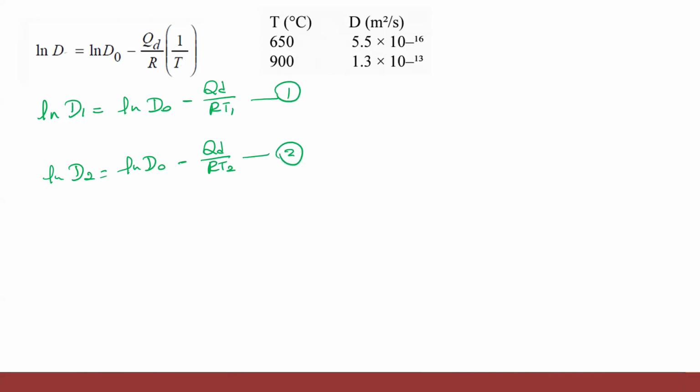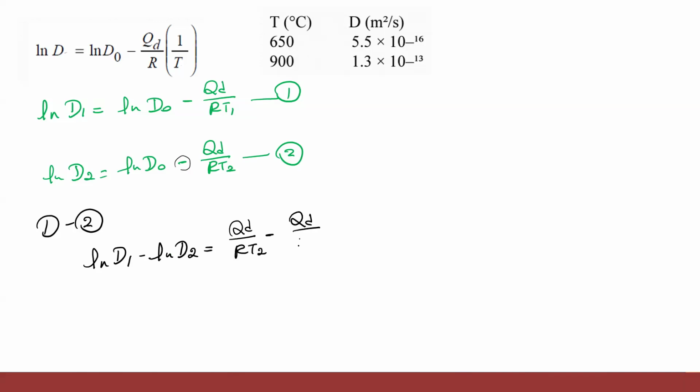This is my second equation. If I do 1 minus 2, what will happen? I can get rid of D naught, isn't it? The D naught term will go. So I have ln D1 minus ln D2 equals, so this is a negative, Q D over R T2 minus Q D over R T1. Is this right?